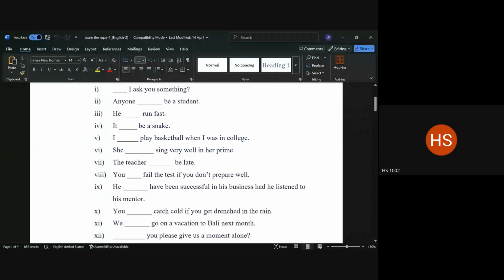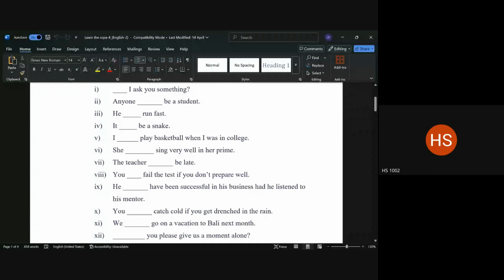You can fail the test if you don't prepare well. Can is not a proper marker for possibility. There are only very limited or restricted cases where that happens. I don't think can should be a good choice for you here. You shouldn't be using it.